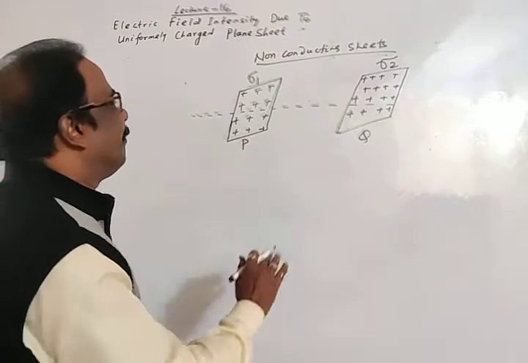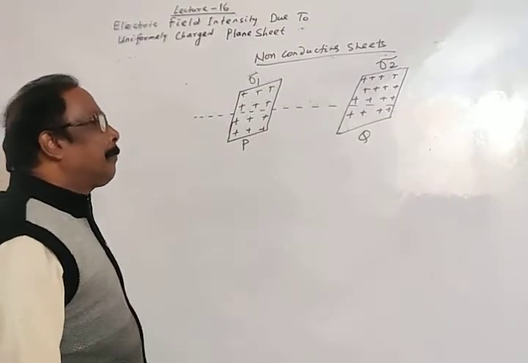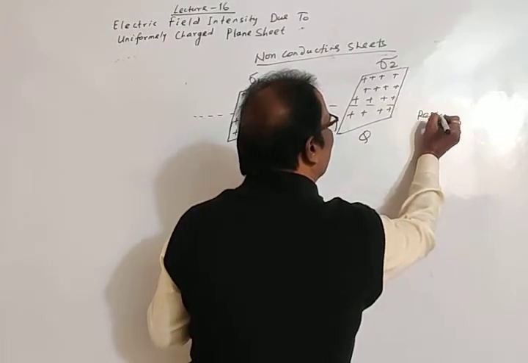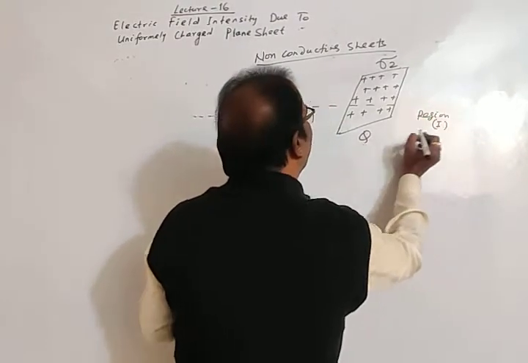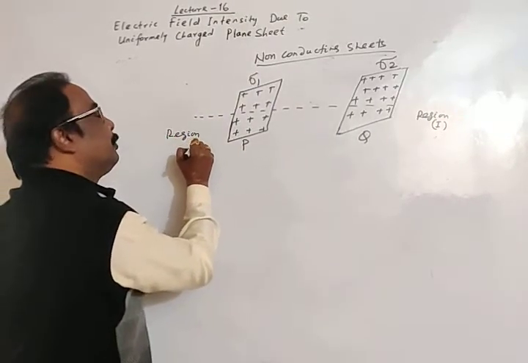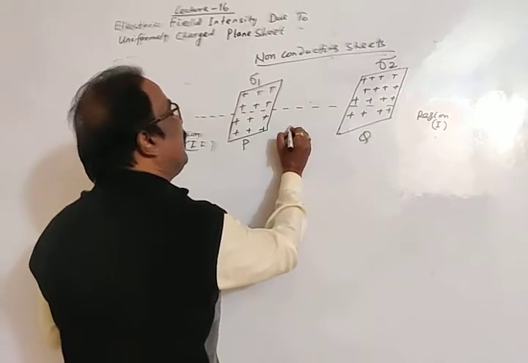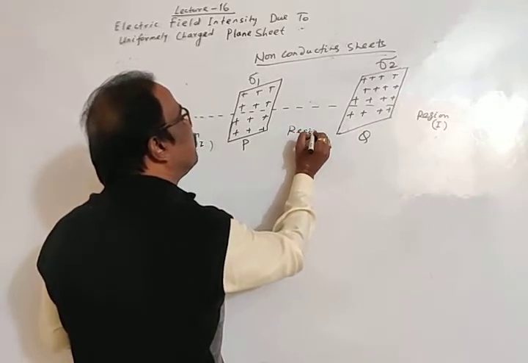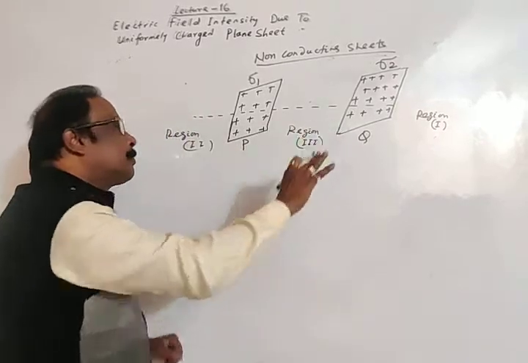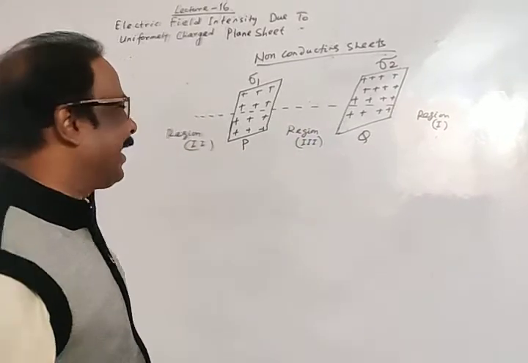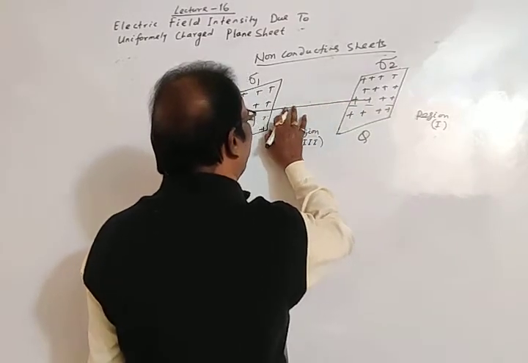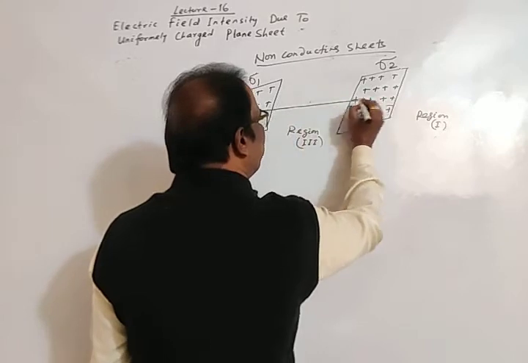We have to find the resultant electric field at three regions: region 1 here, region 2 in between the plates, and region 3. At these three regions we have to find the electric field. This is the symmetric line.